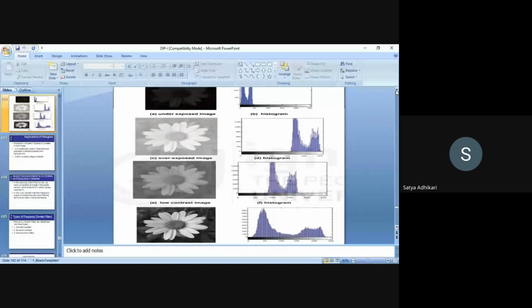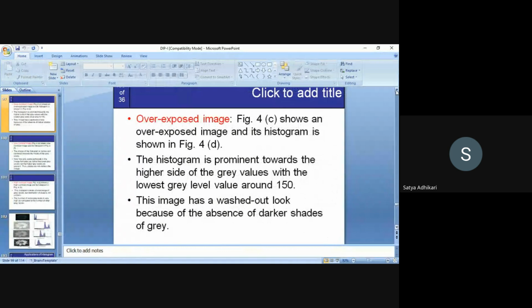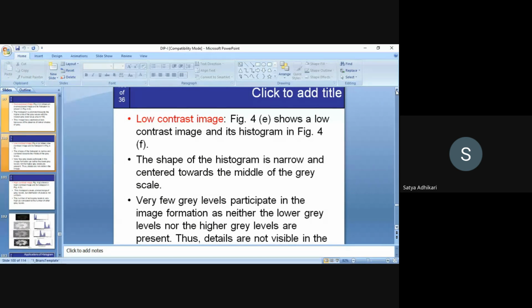These histograms give the idea that my image is overexposed. Then come to the third category, low contrast image, E and F. In the figure you will see the shape of the histogram is narrow and centered toward the middle of the grayscale.